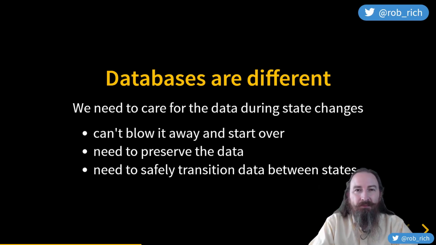So, yeah, we can't blow away the database and start over. Instead, we need to care for data through the transitions to ensure the state is maintained. As we care for this customer data, we'll migrate it from one version to another, rather than just wipe the slate clean and start over.